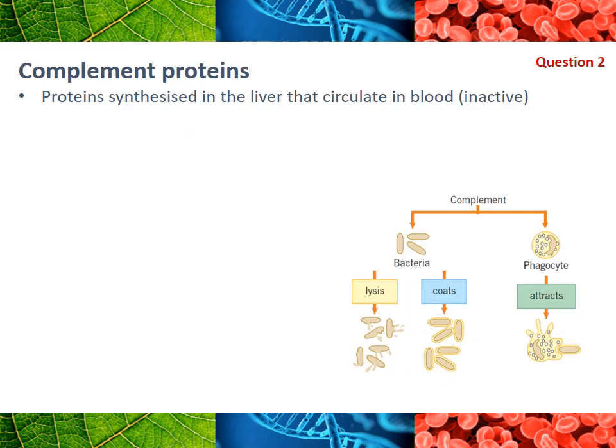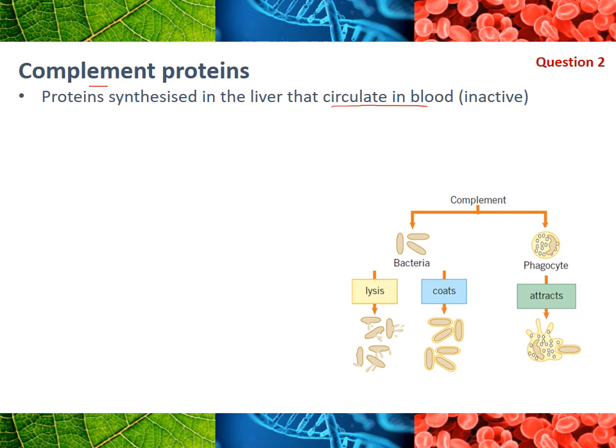All right, we've got another type of molecule called complement proteins. And this is not complement as in you look lovely today. To complement is to kind of assist something or to work with something. So complement proteins are proteins that are made in the liver and they circulate in the blood in an inactive form.